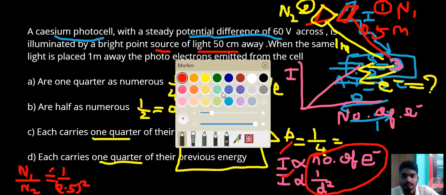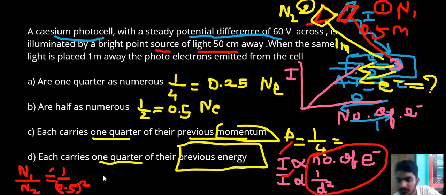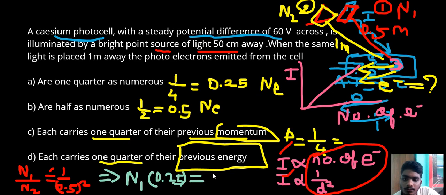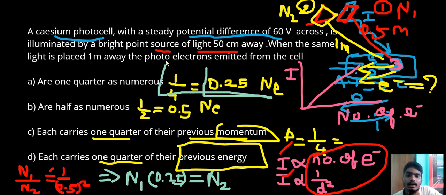Continuing, this implies n1 is 0.25 of n2. Here we have 1 by 4 is equal to 0.25.